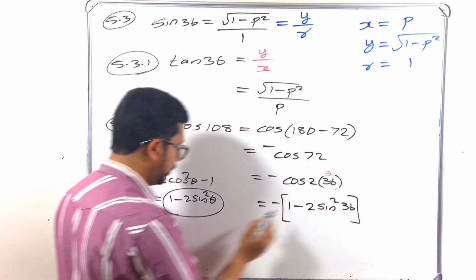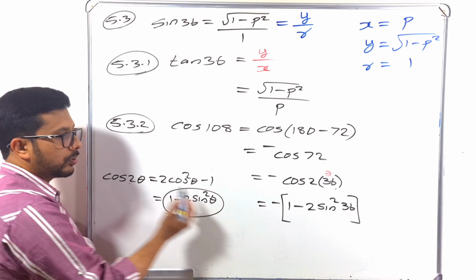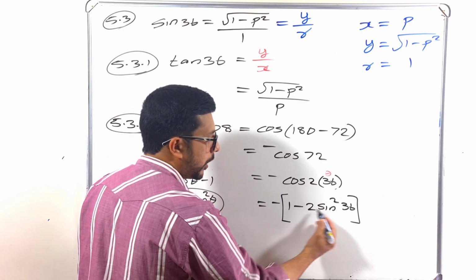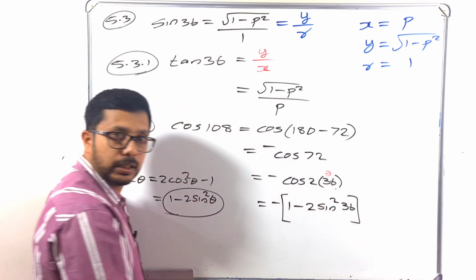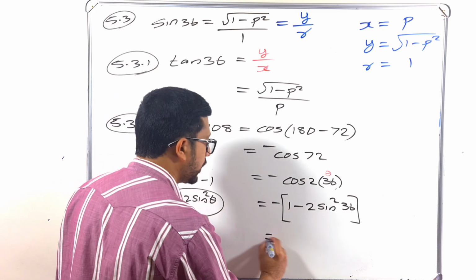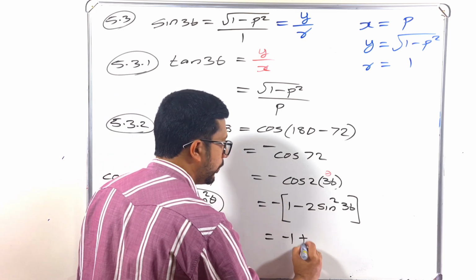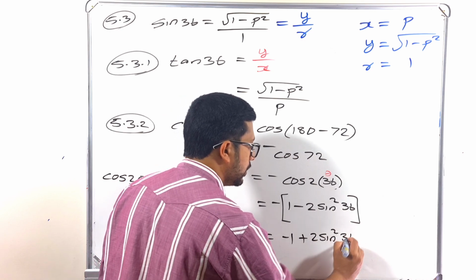When it is 2 theta, this theta you are supposed to write here. So in our case it is 36. So minus, 1 minus 2 sine square 36. Expand the bracket: minus into 1 is minus 1, minus into plus is plus 2 sine square 36.